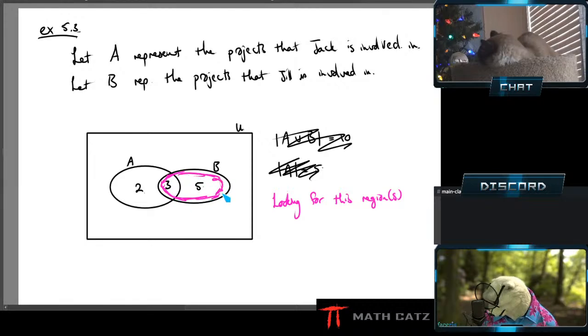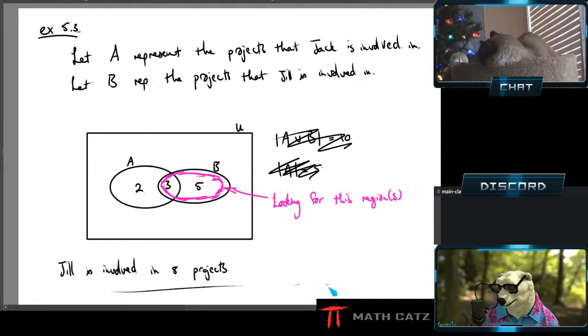These 2 regions. And then we can say, let's say here, our final sentence is fine at this stage. We can say Jill is involved in 8 projects. Done.